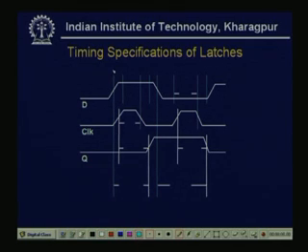Here the D changes from 0 to 1, the clock changes from 0 to 1, this is the position. Here the clock changes from 1 to 0, and here the D changes from 1 to 0.